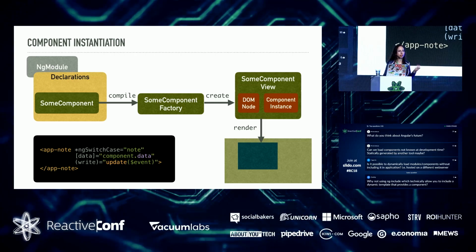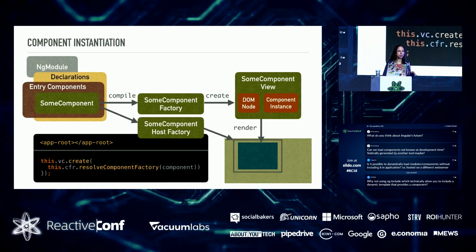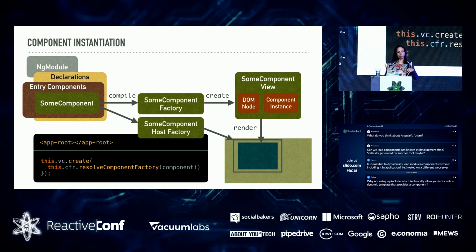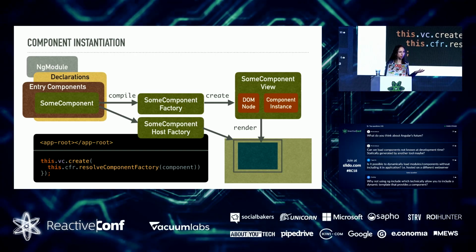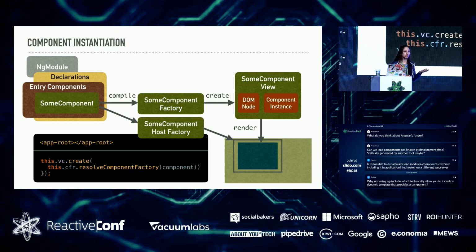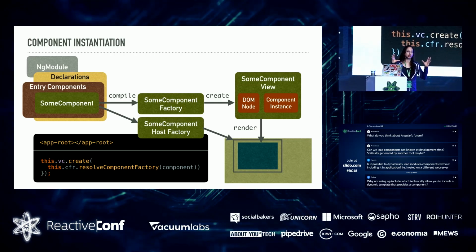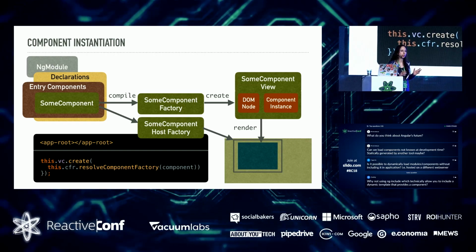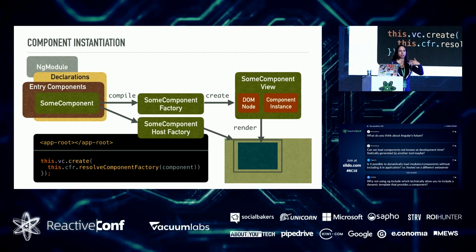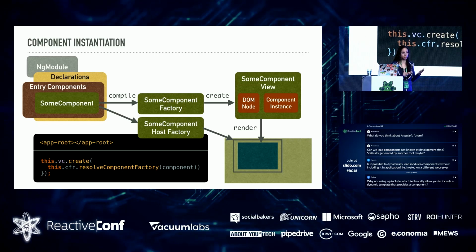But if you want to use a dynamic component, you need to add it, on top of the declarations, also in entryComponents. This way, Angular knows that this component is probably not used anywhere in the template, but it needs to create a component factory for it.